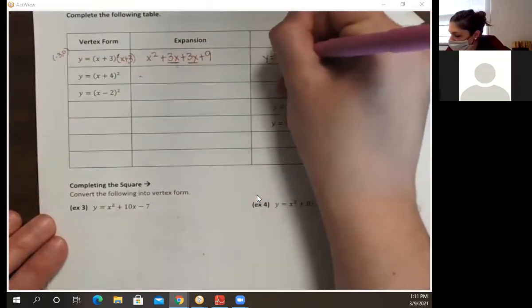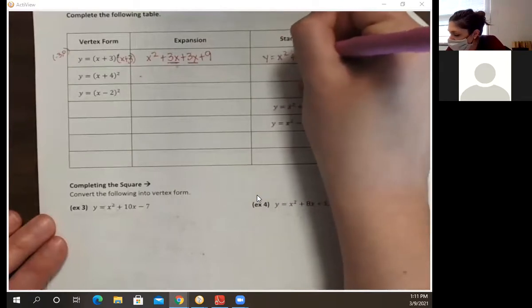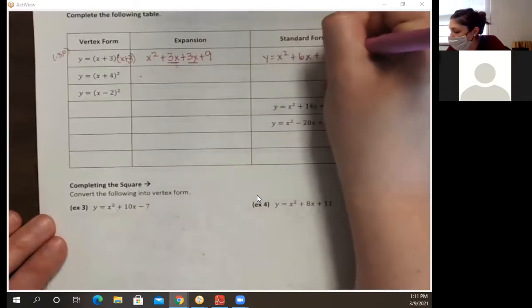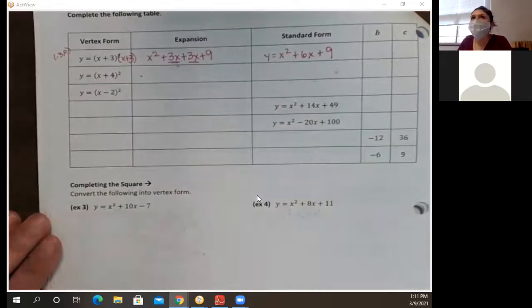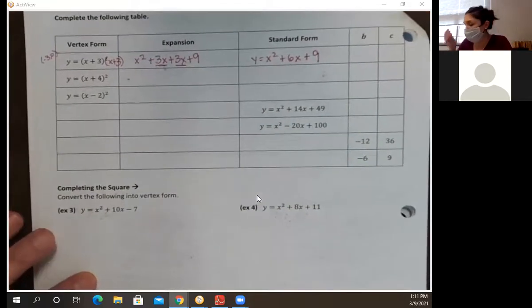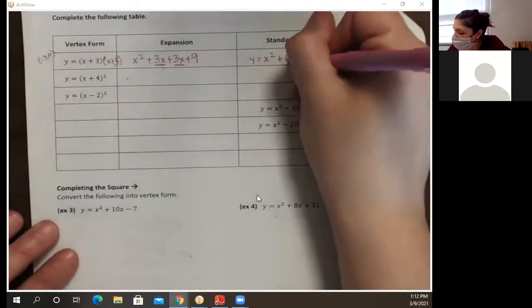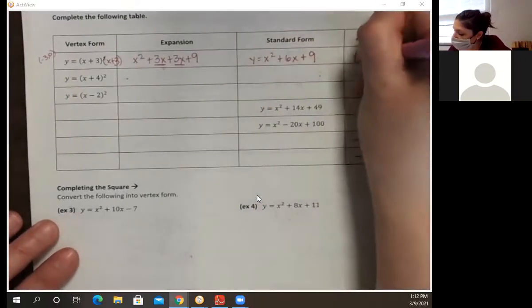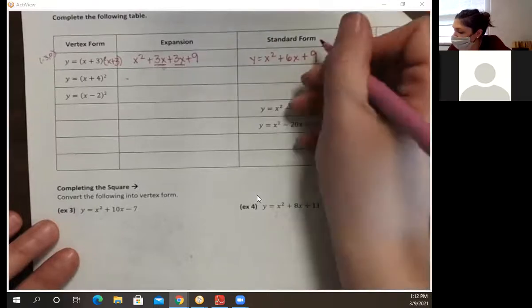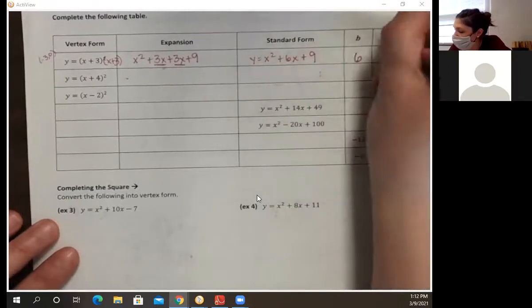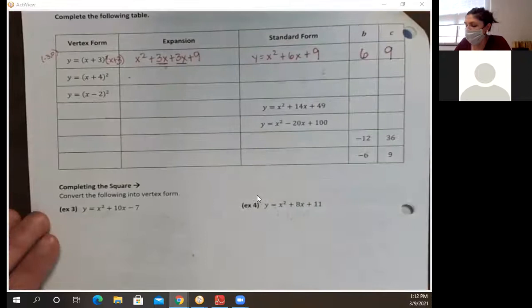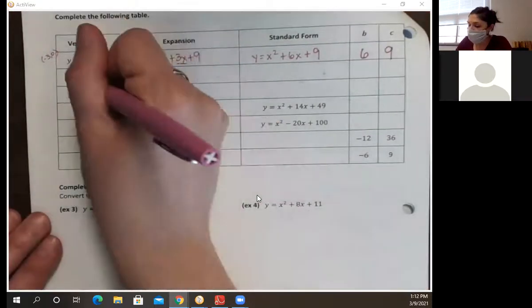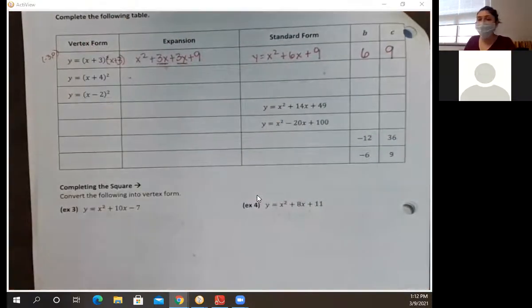So I would get x squared plus 6x plus 9. And then the last thing I'm asking you to identify here are your b and c values. So b is the coefficient for x. That would be 6 on this one. And c is that constant term at the end. So that would be 9 for this one. I want you guys to try the next 2 problems. Convert them to standard form.